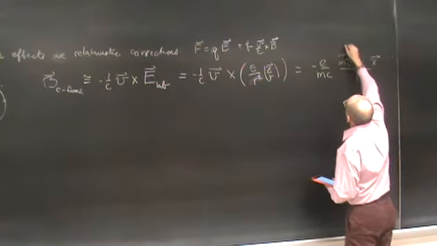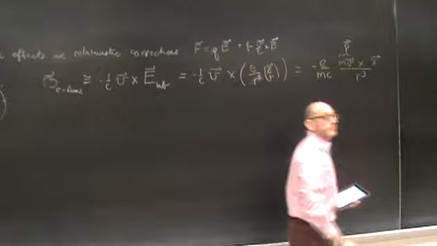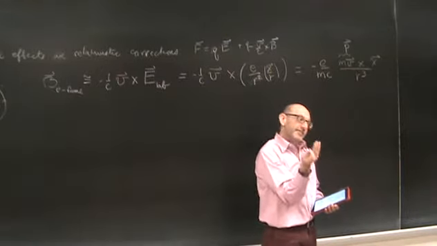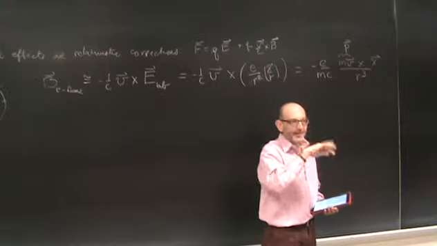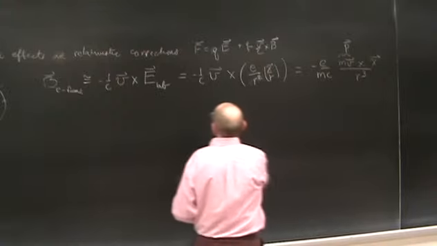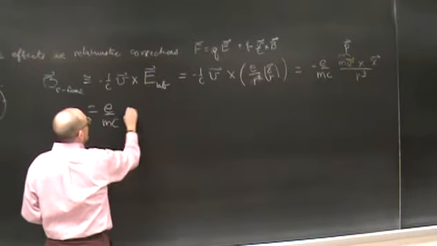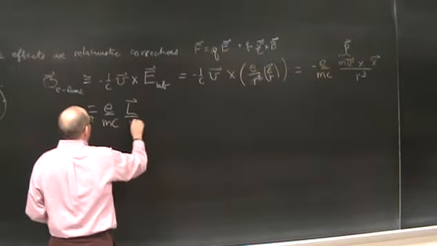This is the momentum. Momentum cross position is minus the angular momentum, r cross p, right? So this is equal to E over mc L over r cubed.